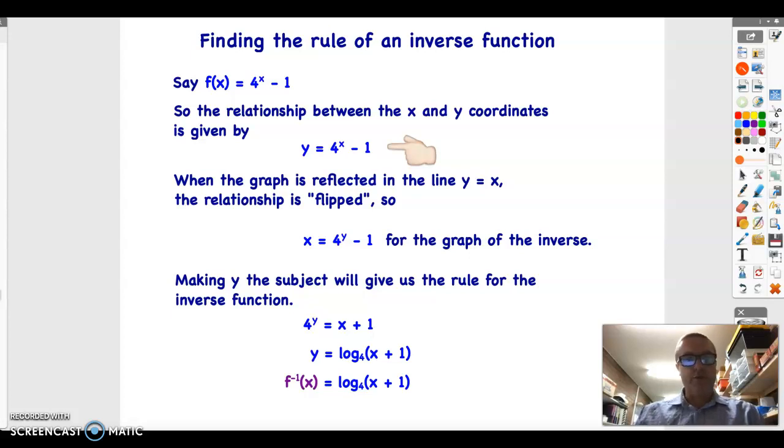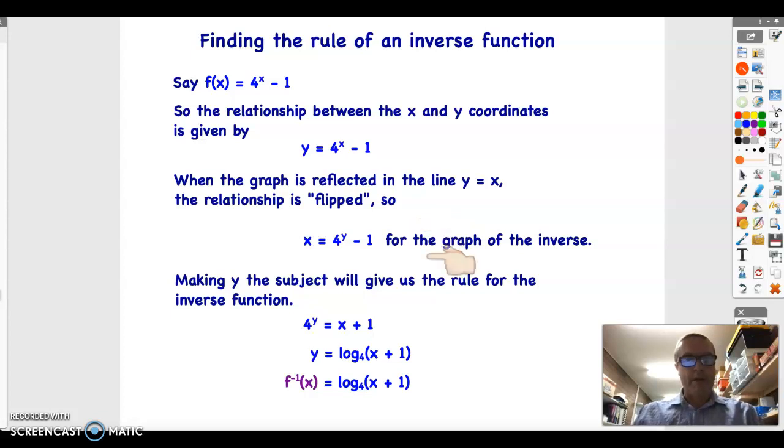If that's true, what we should be able to see in the inverse function and its equation is the reverse relationship, where the values of x are 4 to the power of y minus 1. So all I've essentially done there is take this equation and switch x and y in that same equation.